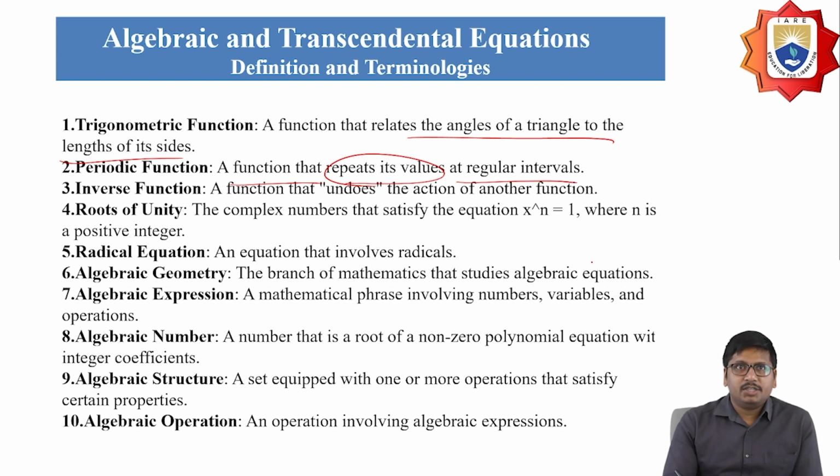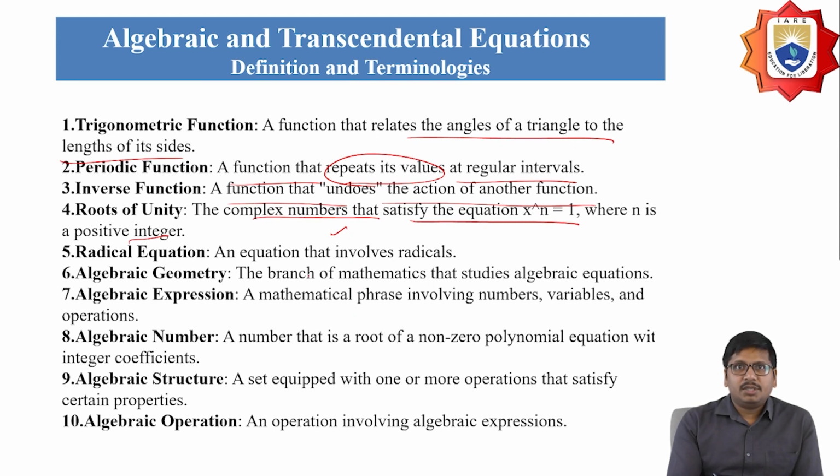An inverse function is a function that undoes the action of another function. And the roots of unity are the complex numbers that satisfy the equation x^n = 1, where n is a positive integer.